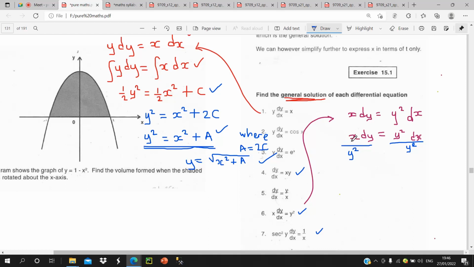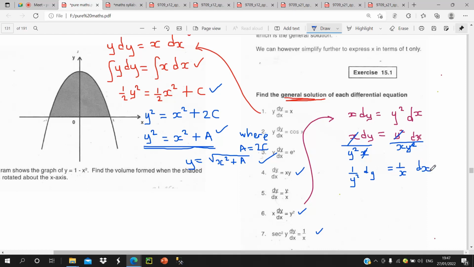Also we want to remove x, so we also divide by x, and also to this side we divide by x, such that this y cancels with this y squared and this x cancels with this x squared, so that you remain with 1 over y squared dy is equal to 1 over x dx. Are we together?